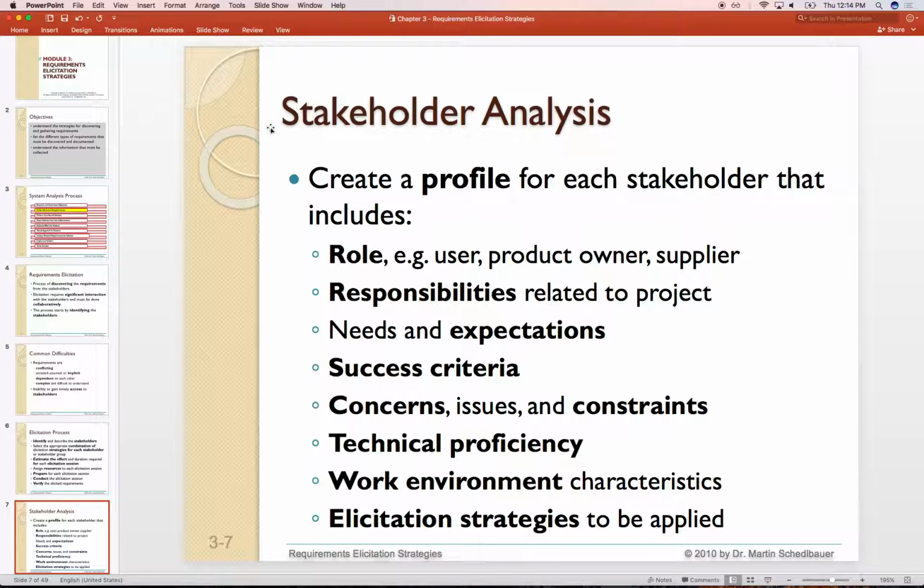And so definitely that's going to impinge on a lot of the requirements that they're going to be eliciting, some of the concerns, some of the constraints that they might be familiar with, if they're technically proficient.